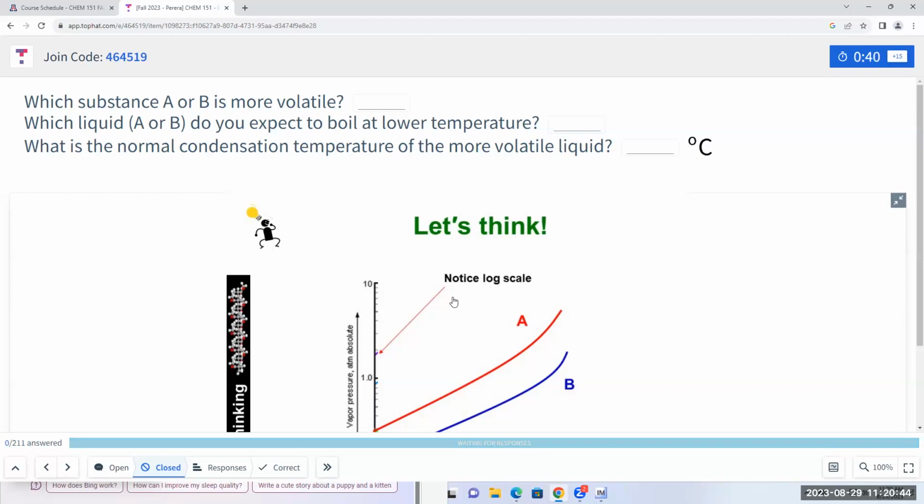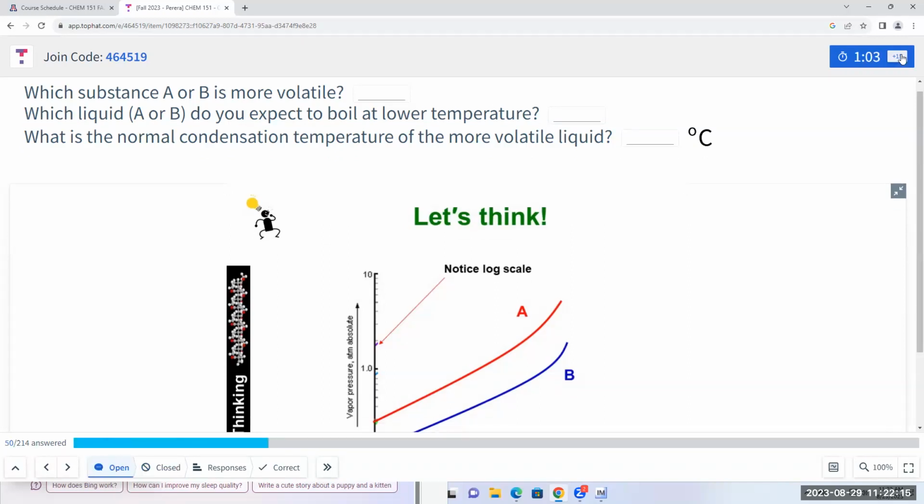Based on that, I've given you 3 questions to answer. Go ahead. It doesn't matter whether you notice the log scale or not, it is immaterial to this question. Volatile means it easily goes from liquid to the gas phase. If a substance is more volatile, it more readily goes from liquid to the gas phase than the other one.